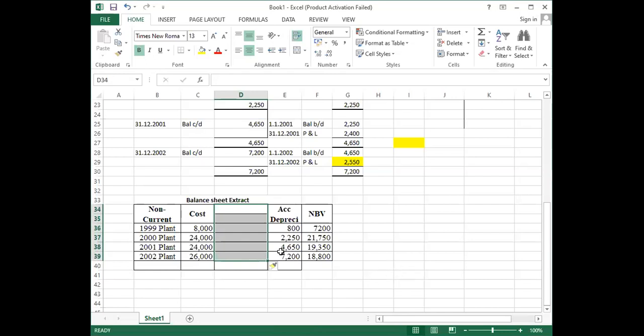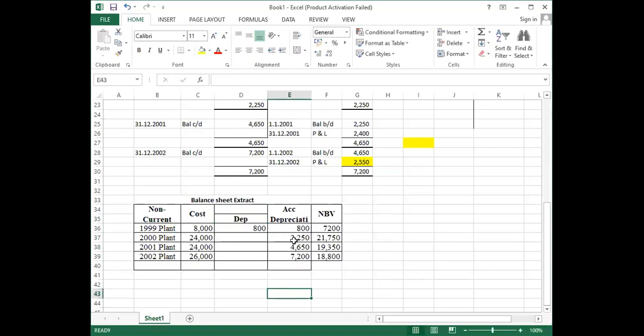What was the depreciation for 1999? It was 800, right? And therefore the total depreciation, this is not accumulated now. This is depreciation, right? There is a difference between accumulated depreciation and depreciation. You must be able to note this. You are an accountant. You must be able to note this.